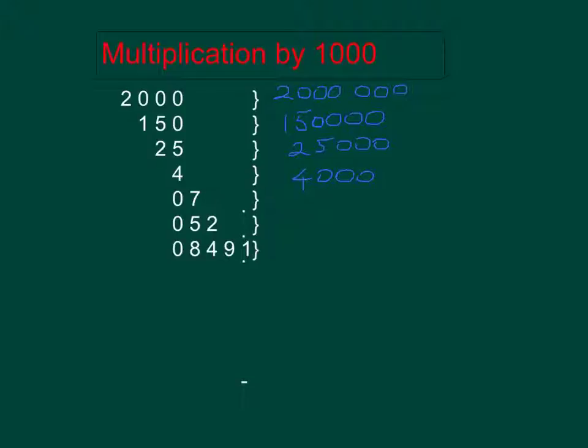Here at the 7, I've left 2 gaps, so I fill it up.